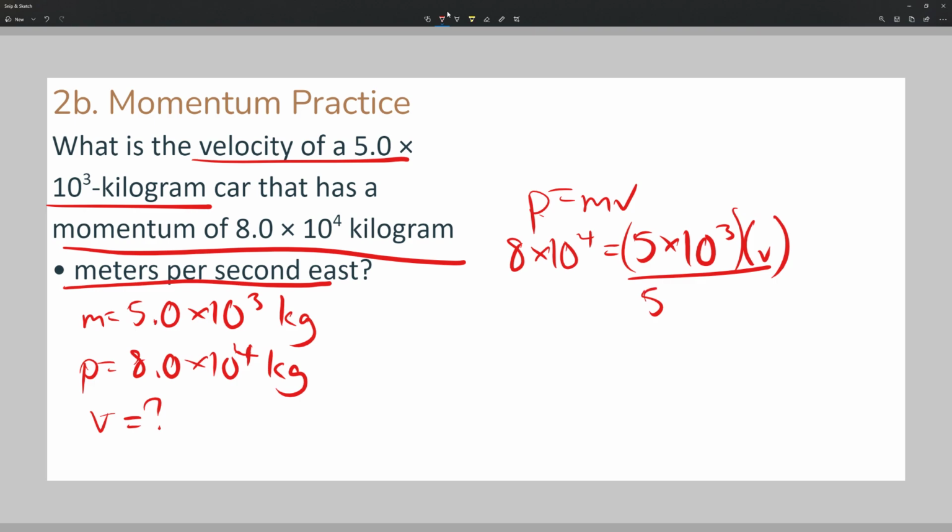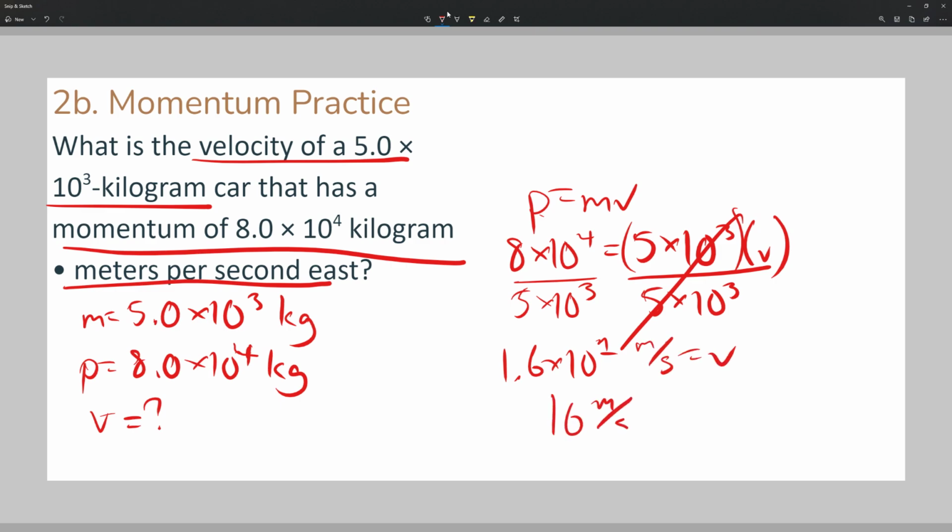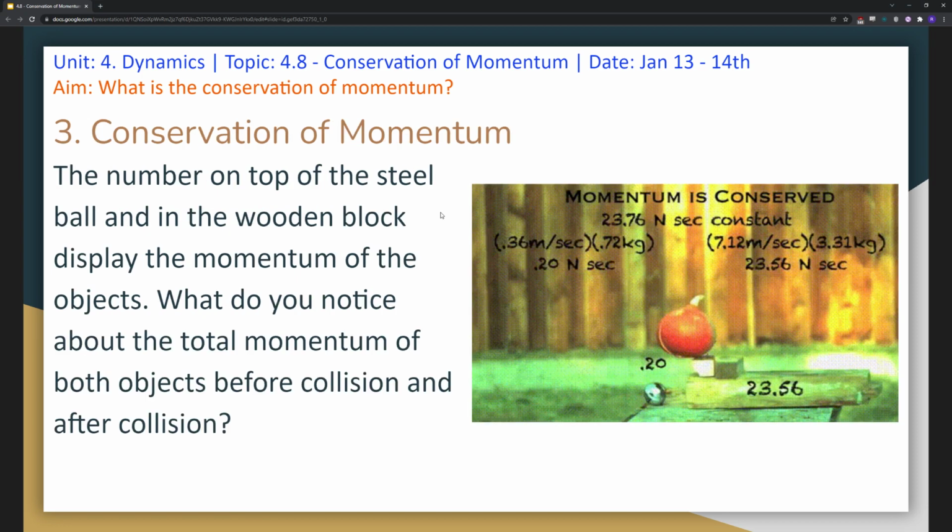Then you divide by the mass. You're going to get 1.6 times 10 to the 1 meters per second. Or if you do this yourself, you're going to get 60 meters per second. That is your velocity. Let's move on.